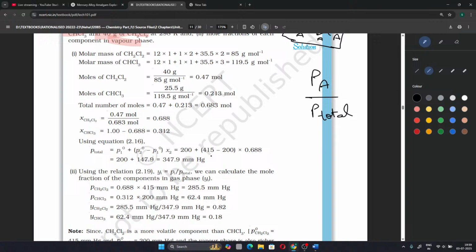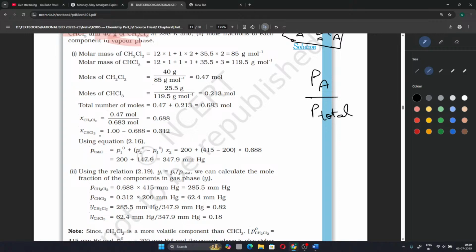So the molar mass of CH2Cl2 we get as 85 gram per mole, and the molar mass of chloroform is 120 gram per mole. Moles we can calculate from the weight of the substance given. We get moles of dichloromethane to be around 0.5 and chloroform around 0.2, the total being around 0.7.